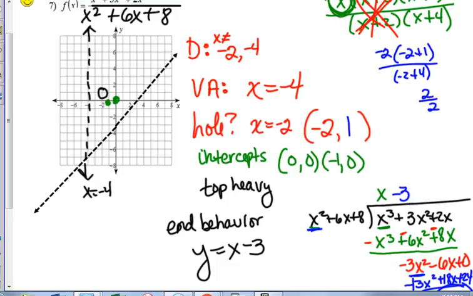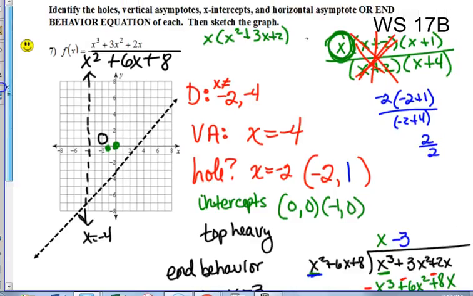Okay. The struggle with this question, if you go back to the original one and you type in this mess with parentheses divided by this mess with parentheses, you get this. And that's all you see in the window, negative 10 to 10, negative 10 to 10. There has to be another piece. If there's a vertical asymptote, there has to be something on both sides.